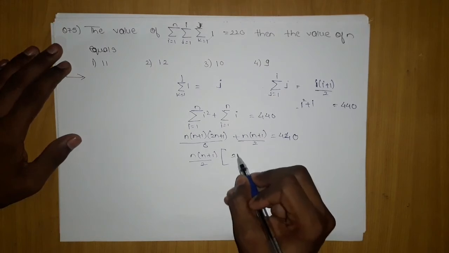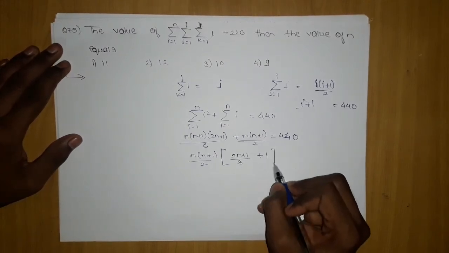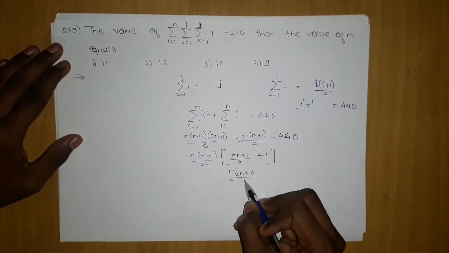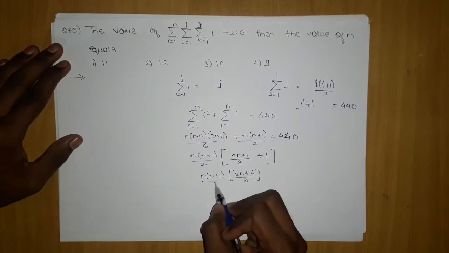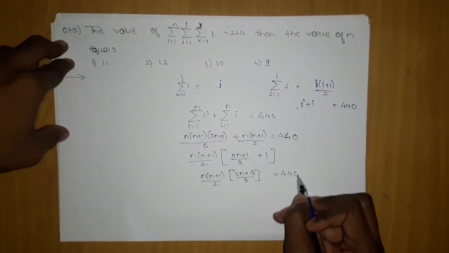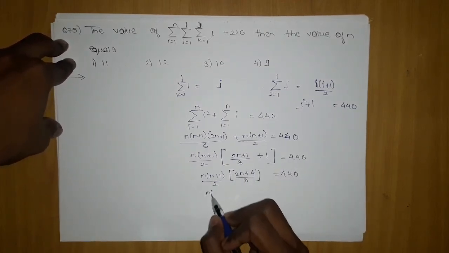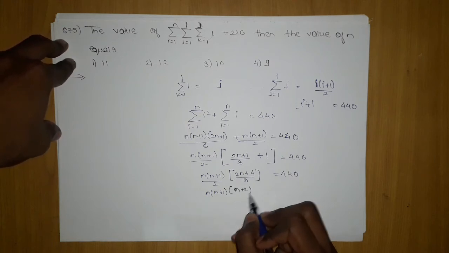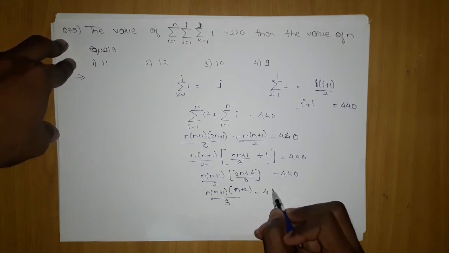When you take that common, 2n plus 1 by 3 plus 1 will be left, which will give you 2n plus 4 upon 3, and n into n plus 1 by 2 will be left here, and 440 here. I will take 2 common, which will give me n plus 1 into n plus 2, this will cut out, giving me 3, 440.